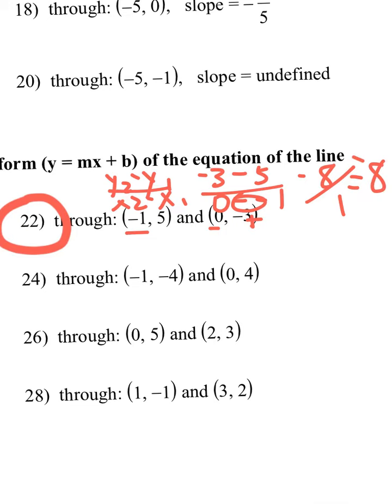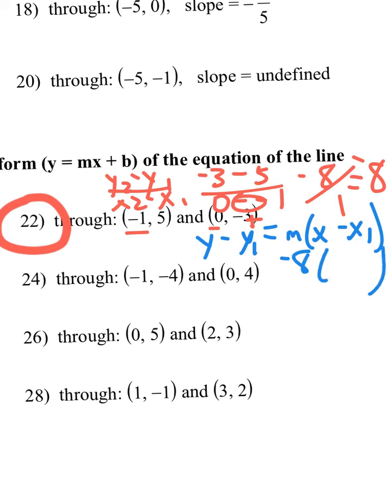So now I go into point-slope. So y - y1 = m(x - x1). We're going to put -8 in for the slope. We can actually pick either point. I'm going to pick this first one. It does not matter which one you pick. So I'm going to go y minus my y1 value, which is 5.